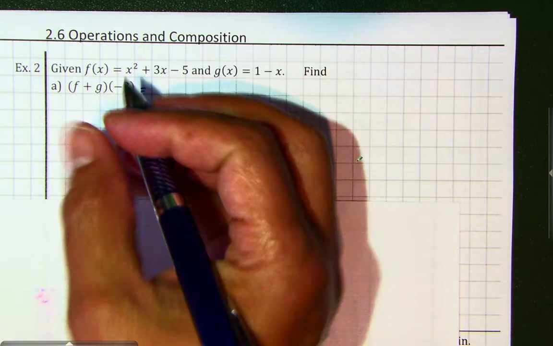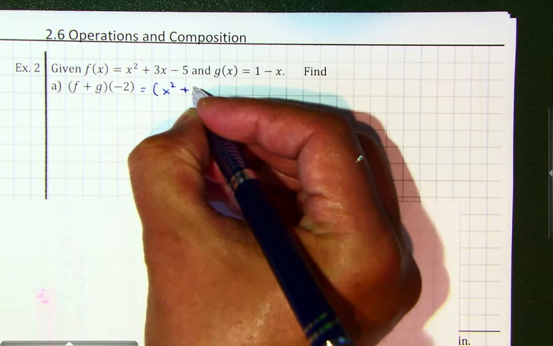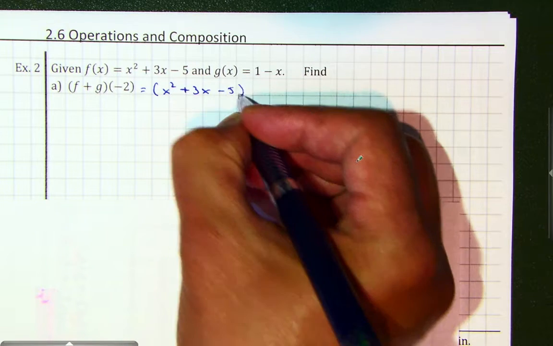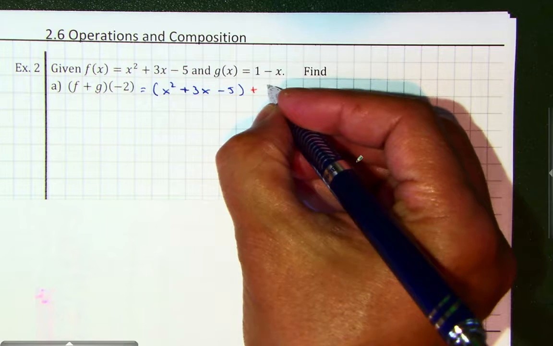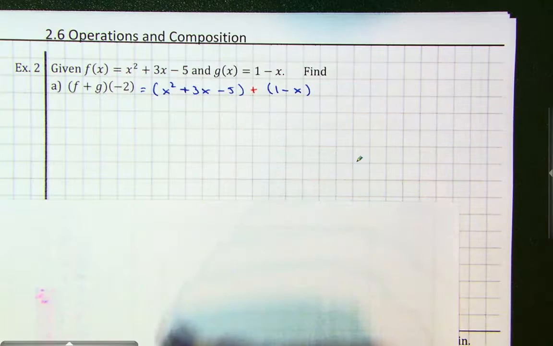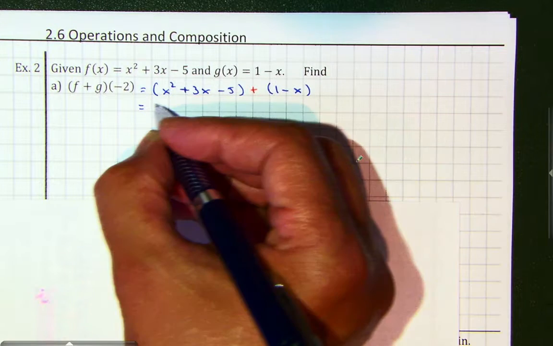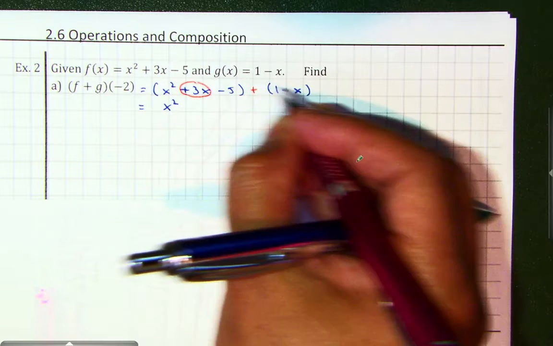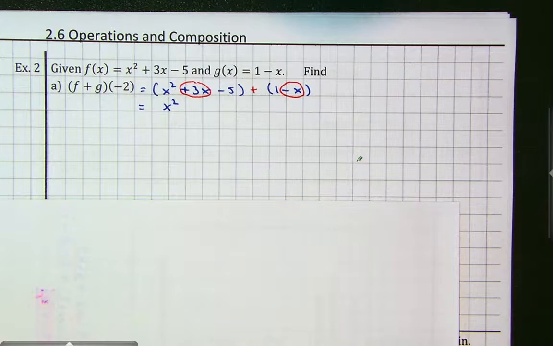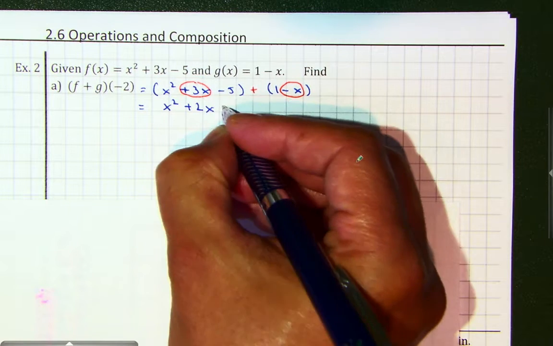So I can add f of x, which is x squared plus 3x minus 5, plus g of x, which is 1 minus x. Then I can simplify it. So it gives me x squared. I can add my x's, that gives me plus 2x and minus 4.